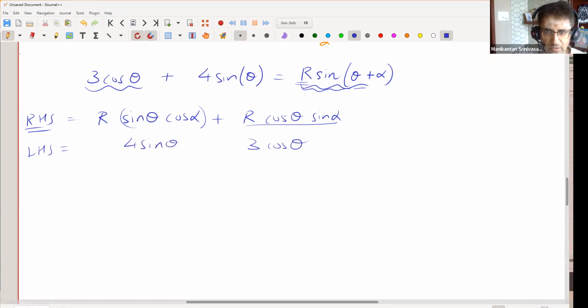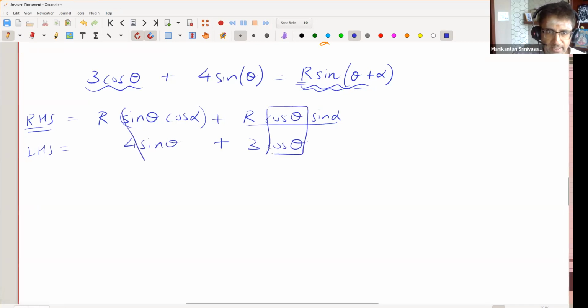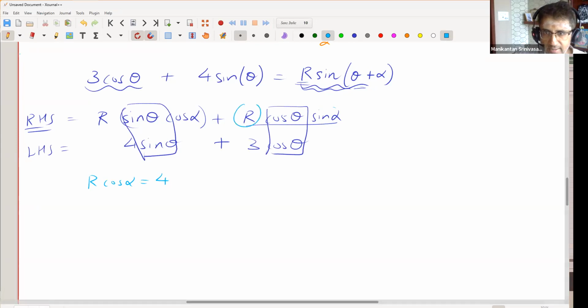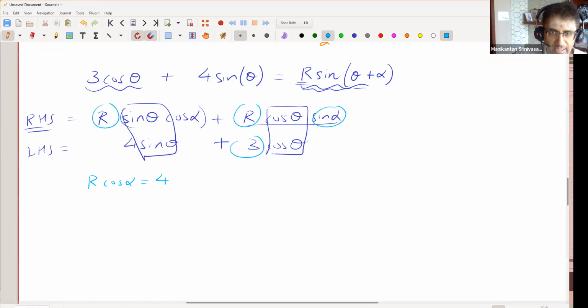So if these two should match, my cos thetas match, my sin thetas match, if I'm able to somehow get r cos alpha to match 4 and r sin alpha to match my 3, then I'm good. Are you guys with me?